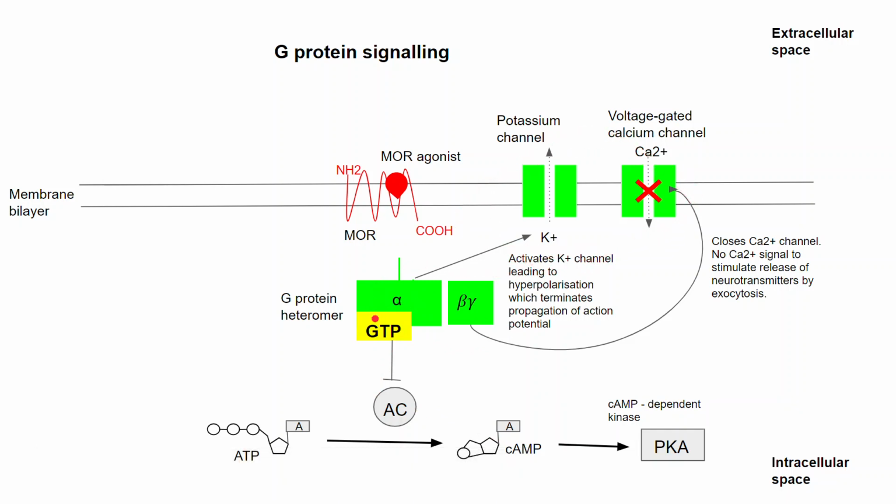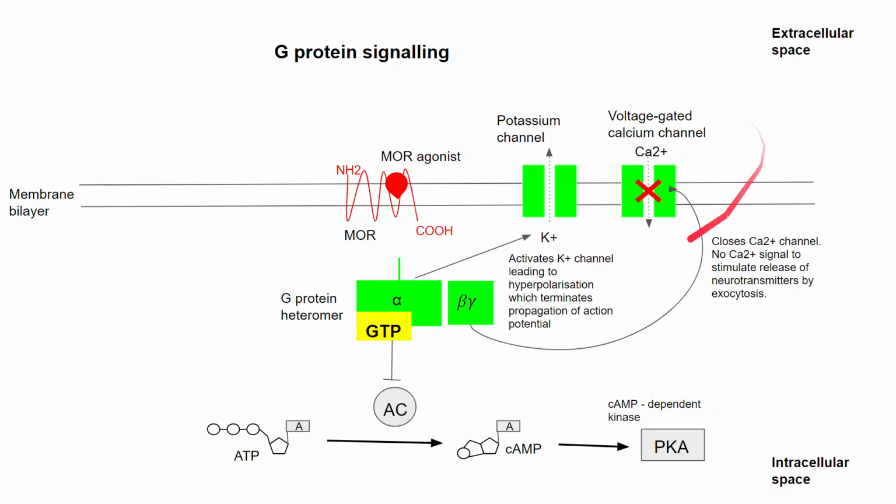As you can see, the potassium channel is opened by the active alpha subunit, and this leads to potassium flowing out of the cell into the extracellular space, down its concentration gradient, so from the area of high concentration to low concentration. And this flow of potassium ions can lead to hyperpolarization, which will terminate the propagation of an action potential. So it could ultimately lead to inhibition of a pain signal across a synapse.